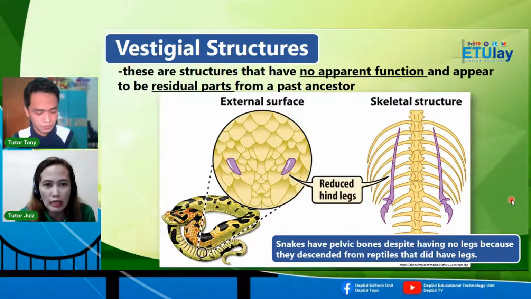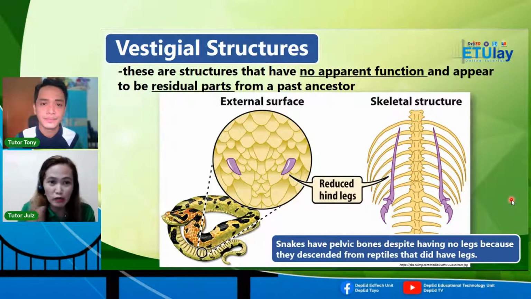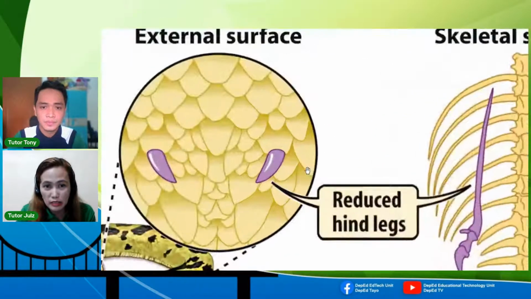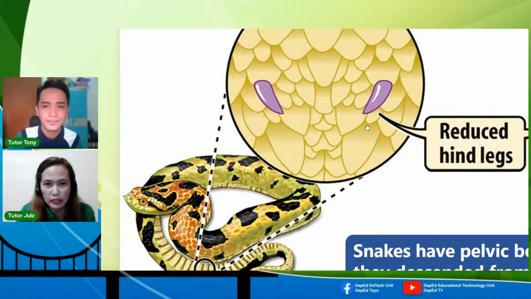So sample here of vestigial structure, which is a part of the body na hindi na siya functional, pero nandyan lang as an evidence na meron tayong pinanggalingan na organism. So one sample dito ay yung pelvic bone of the snake. Yung pelvic bone ng snake, ito yung the reduced hind legs, nandyan sa outer part niya, ayun, dun sa part na yon.